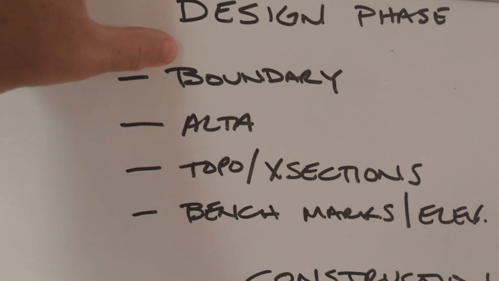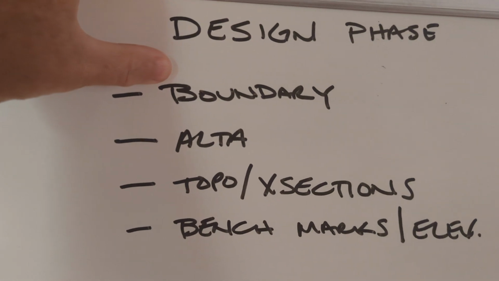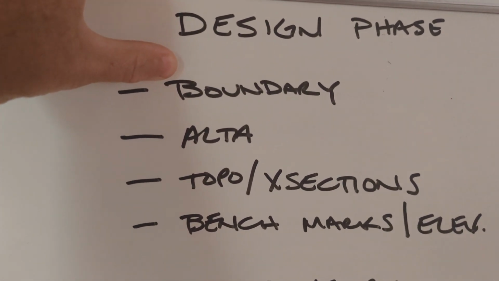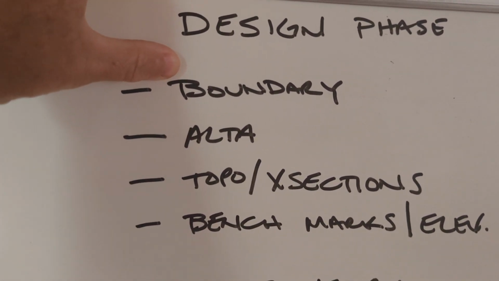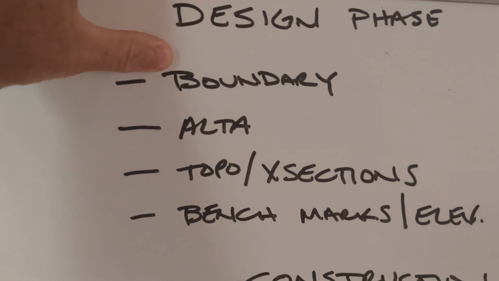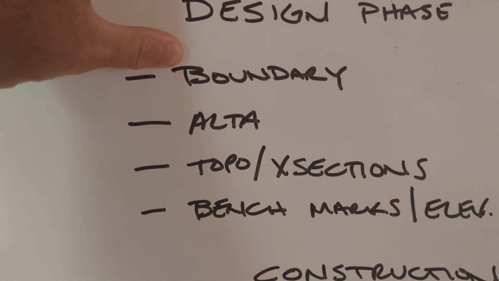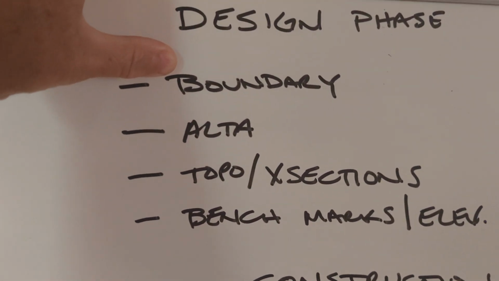So let's just say the boundary is the first thing you do. You're going to be looking for monuments, and for everything that's being requested by the county or by the city to prove where that property is and its dimensions.